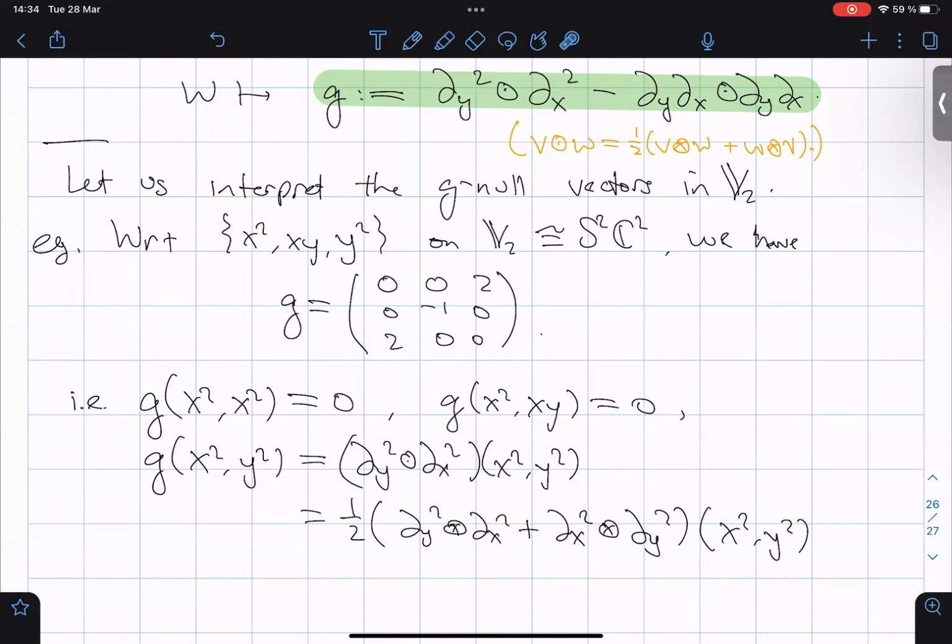Okay, so this guy will evaluate to 0 on that. So this is not going to give any contribution. Whereas this guy is going to differentiate this twice, so that's going to produce a 2. This at the same time is going to produce a 2 on there. So 2 times 2 is 4, divided by this 2. This gives you a 2.